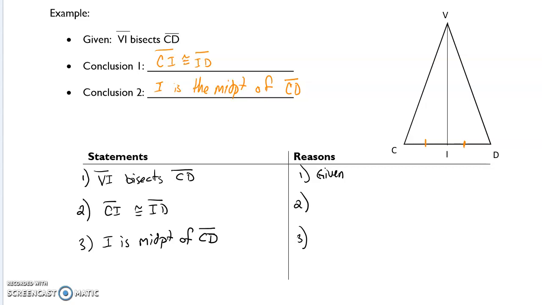By definition, if a segment bisects a segment, then it divides the segment into two congruent segments. That's too much. I'm not going to make you say that. What I will ask us to write, and this is going to be even easier because this is segments, is just bisect implies two congruent segments. If you switch this and say angles in this problem, it's wrong.